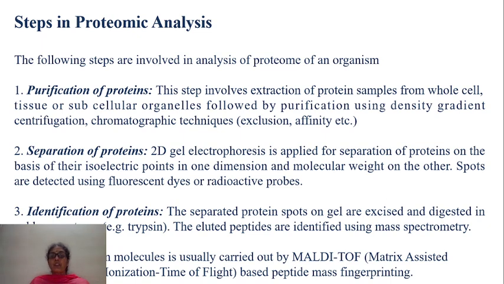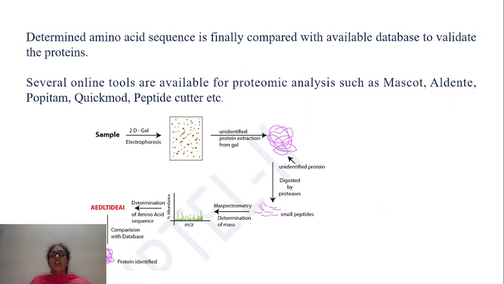By peptide mass fingerprint, we can identify the single protein. The determined amino acid sequence is finally compared with an available database to validate the protein. After identifying the single polypeptide by using MALDI-TOF, we can determine the peptide structure and the names of the amino acids by using the database. The database already stores different types of amino acid sequences.